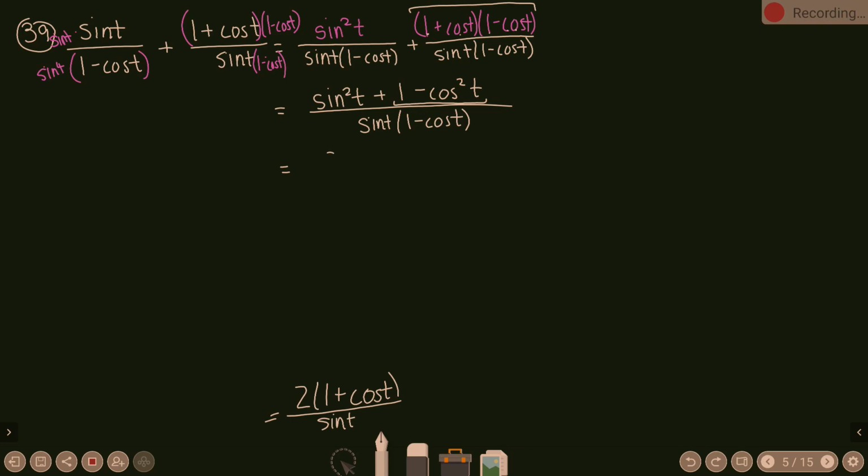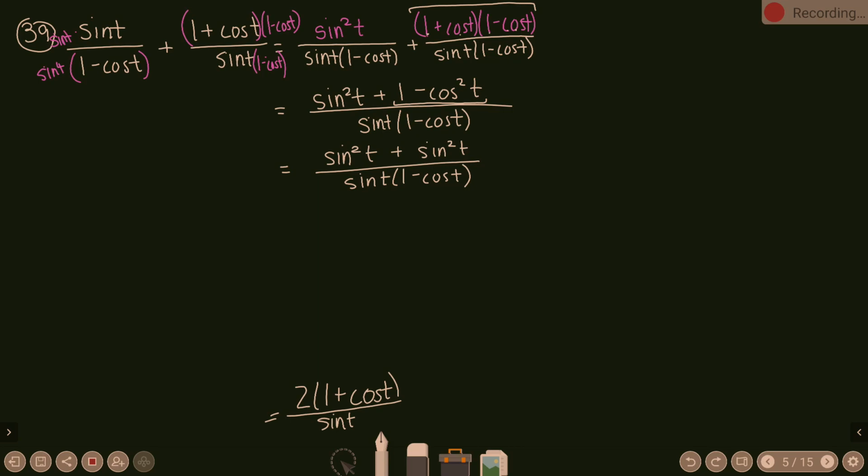So I would use the Pythagorean identity and say sine squared t plus sine squared t, and then still over sine t times 1 minus cosine t. I am opting not to multiply my denominator together because I know in my final answer I need a denominator of sine t. So that's one of the reasons I'm not distributing and multiplying together. Okay?